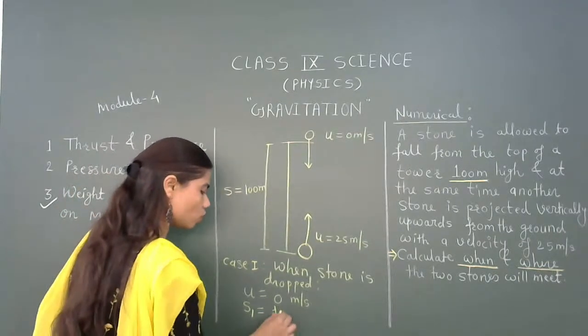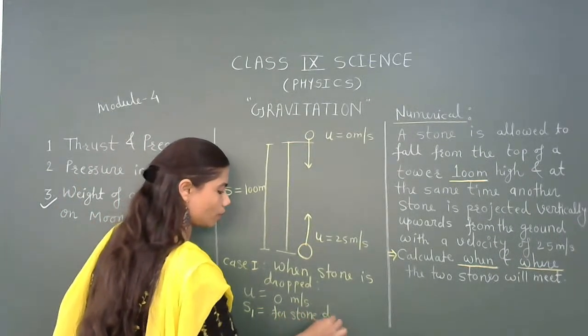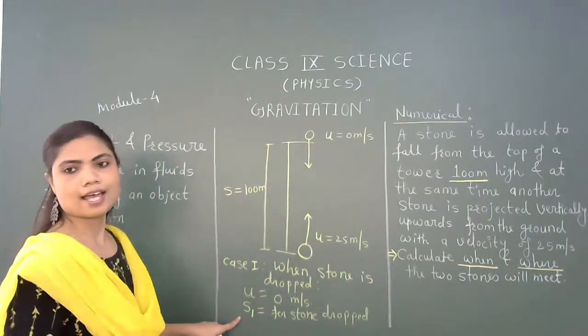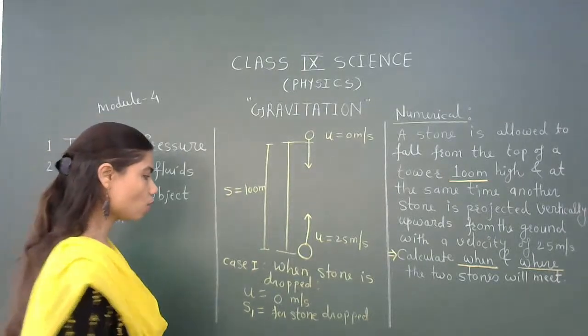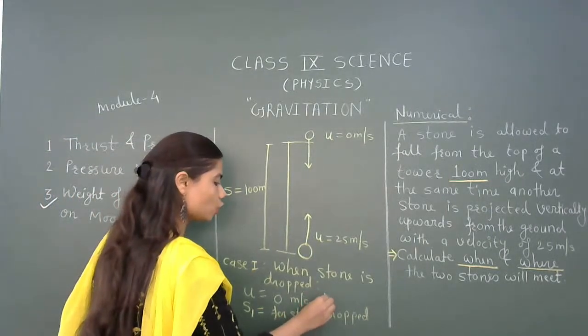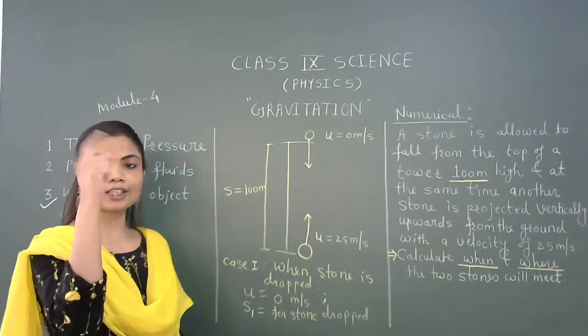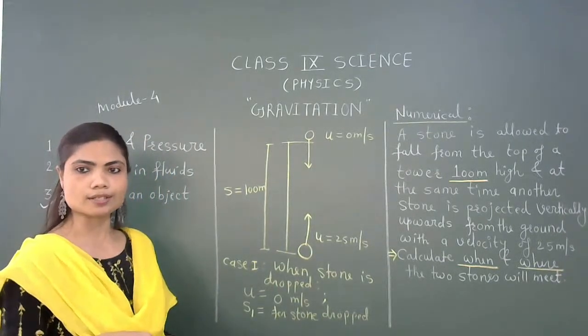For the dropped stone, the displacement will be given as S1. And what remains? For this, the acceleration is not a, because it is acting due to the gravitational pull, means acceleration g.